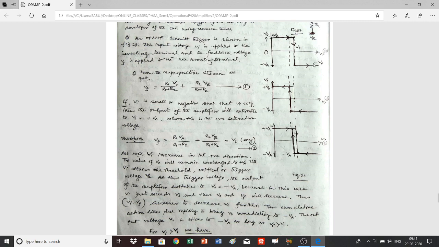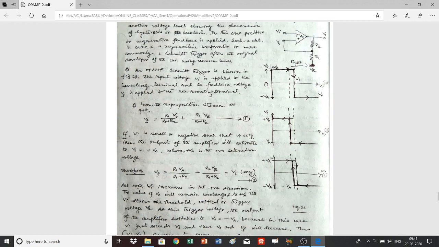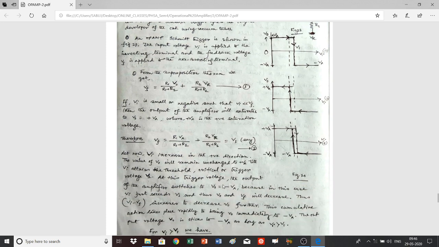Now if you wish to decrease the input voltage Vi, then what will happen? The output will remain unchanged at minus Va as long as Vi is greater than V2.